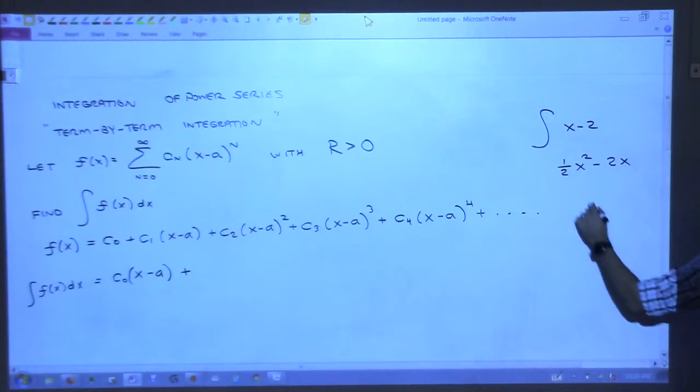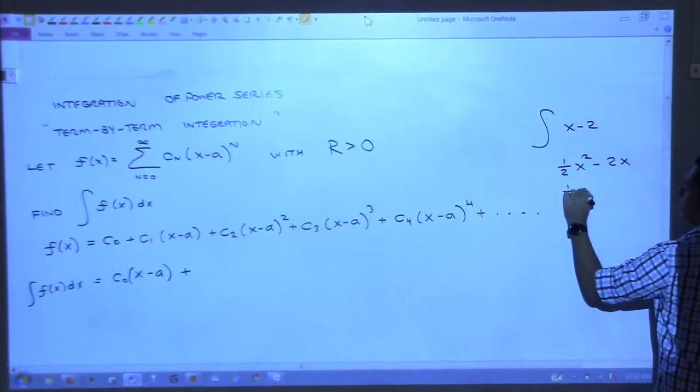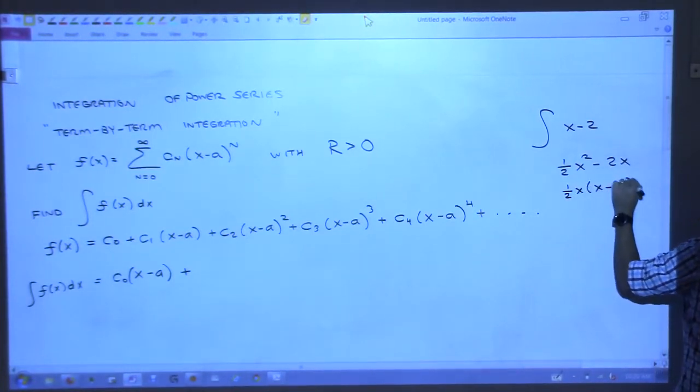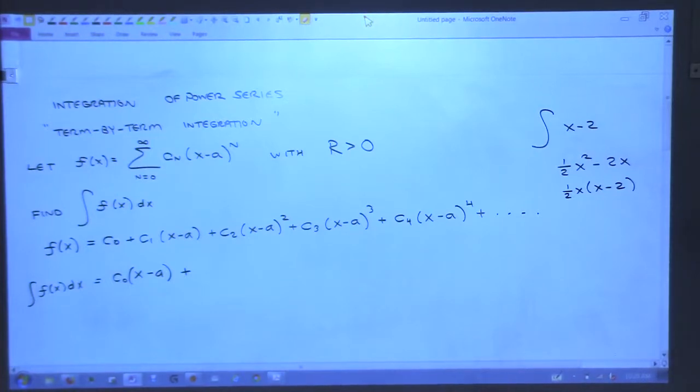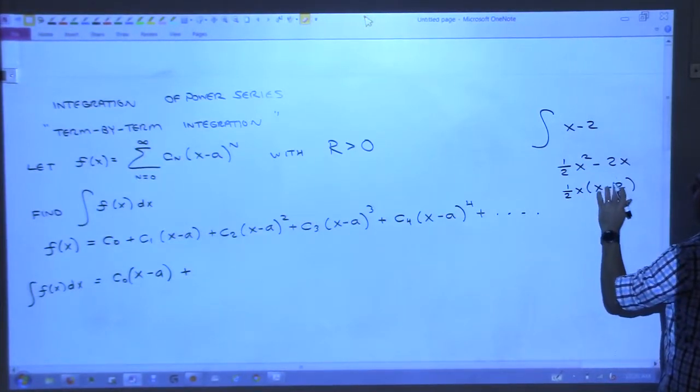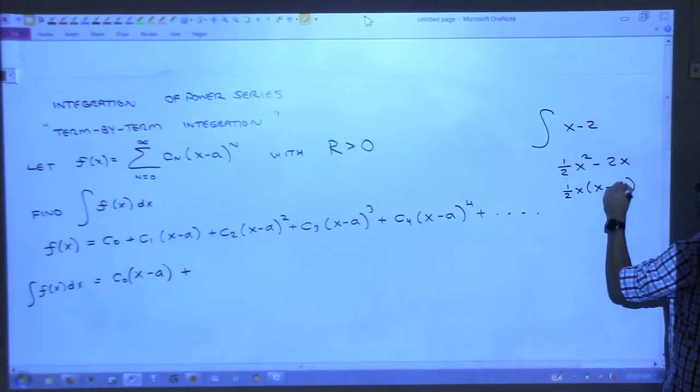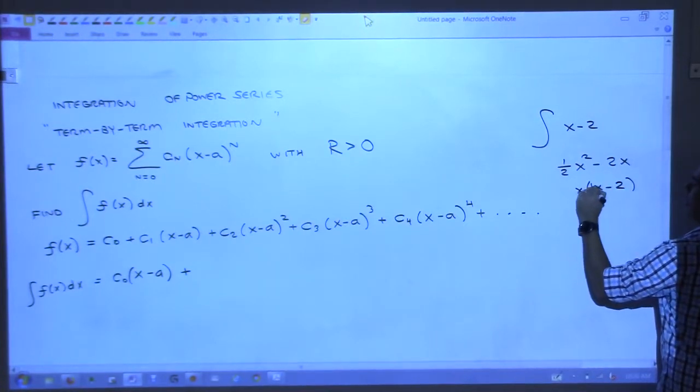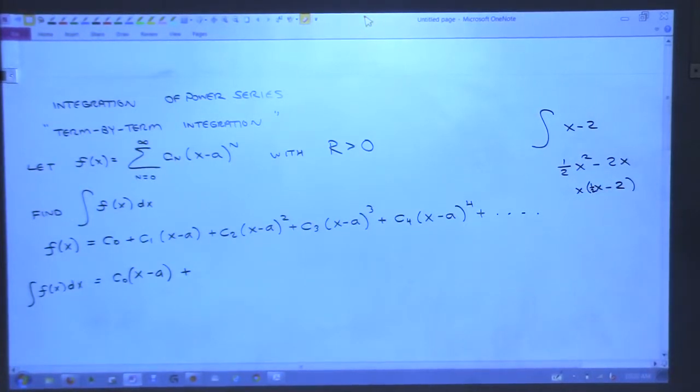Factor out an x. Like that. Factor out 1/2 x. Oh yeah, I forgot the 1/2 in here. Sorry, 1/2. But I want to keep the 2, so let's just do it this way: 1/2, like that. Right?